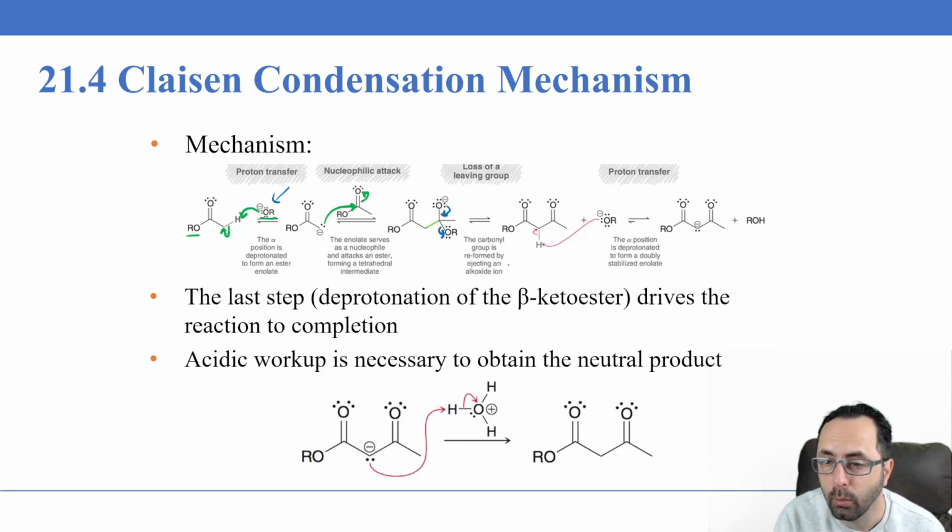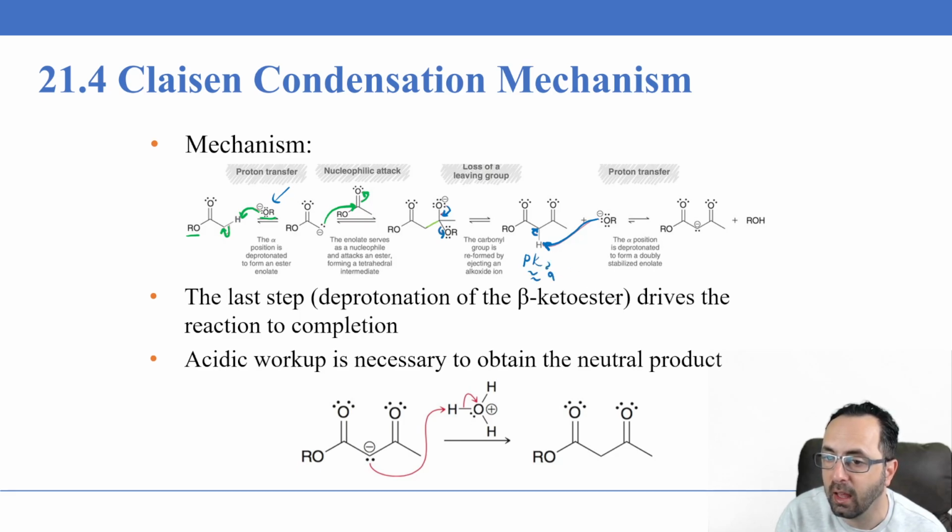Finally, though, we get a second deprotonation here by the alkoxide ion. And this is going to be an essentially irreversible deprotonation. The reason is that now we have a beta proton between two carbonyl groups, so that really lowers the pKa.